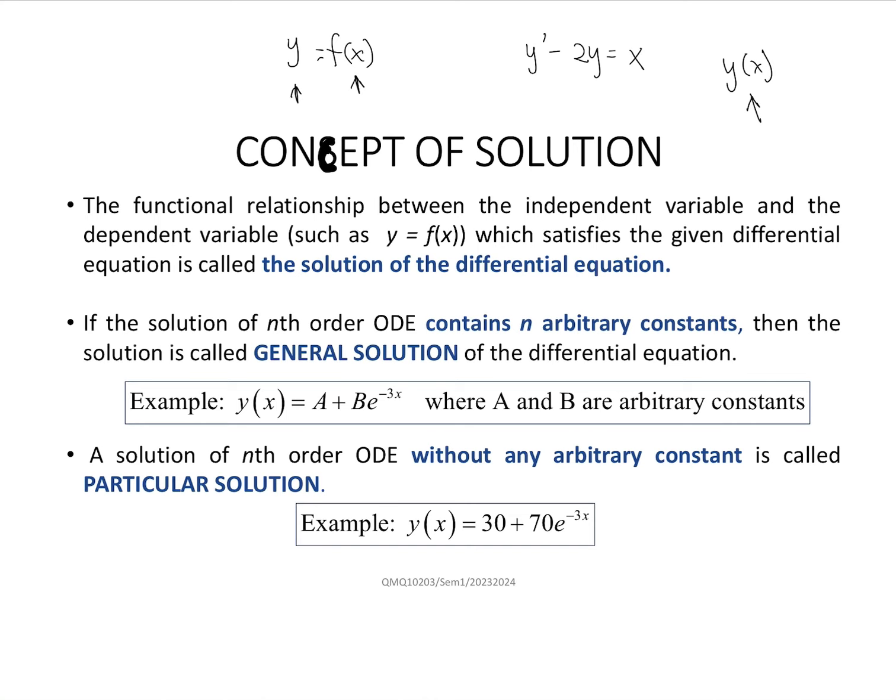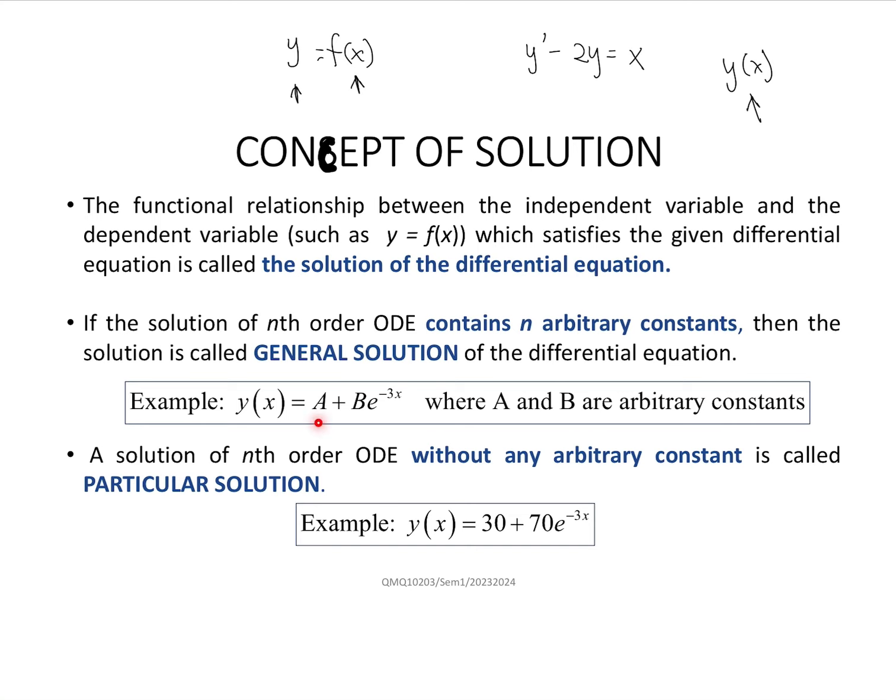So if we have an nth order ODE, for example second order, then the general solution of the differential equation must also have n arbitrary constants.